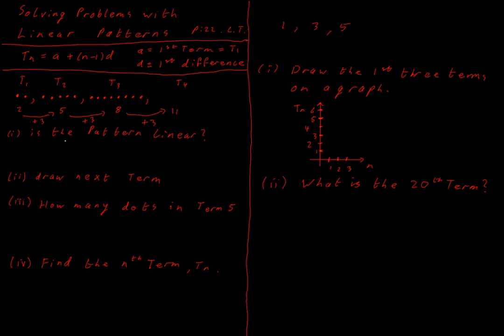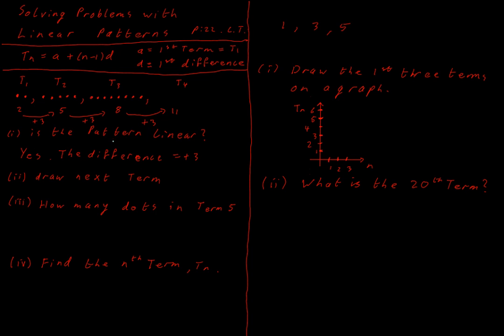Now, this is what it means to have a linear pattern. We're adding on the same amount each time, or taking away the same amount each time. So first question we have is, is the pattern linear? It's yes, because the difference between each term is the same. The difference between the terms equals plus 3.